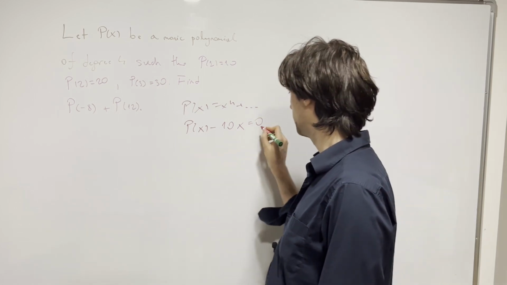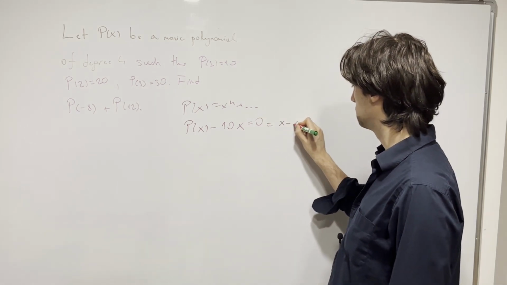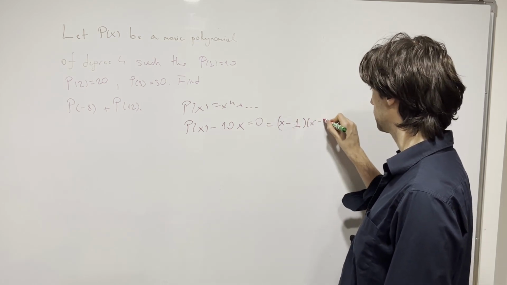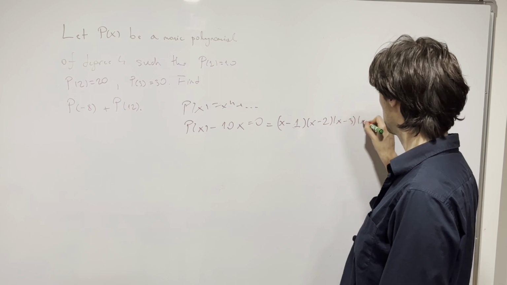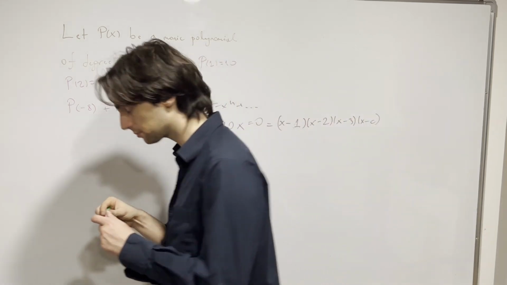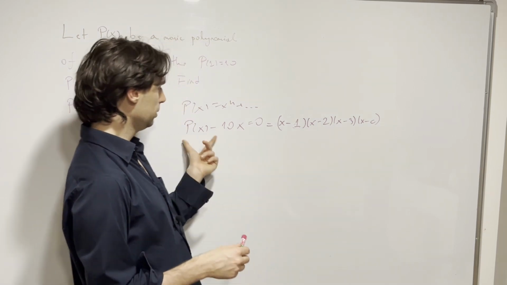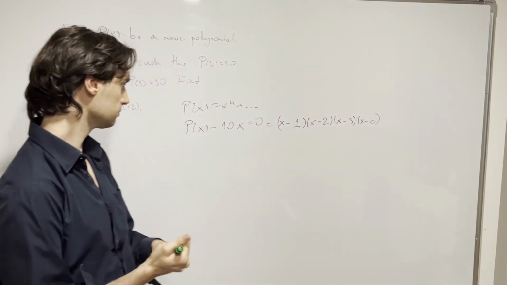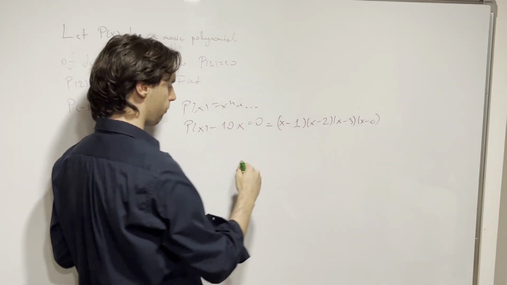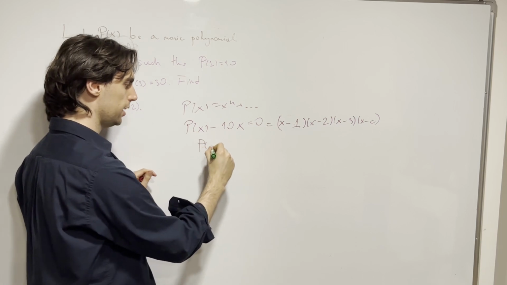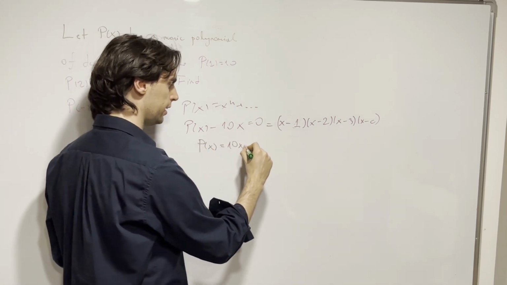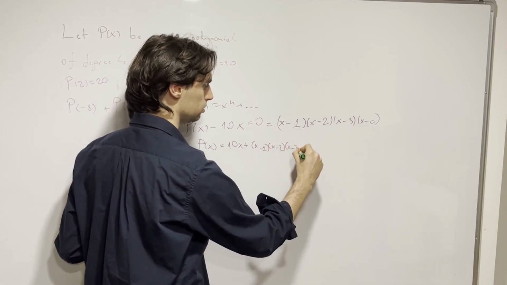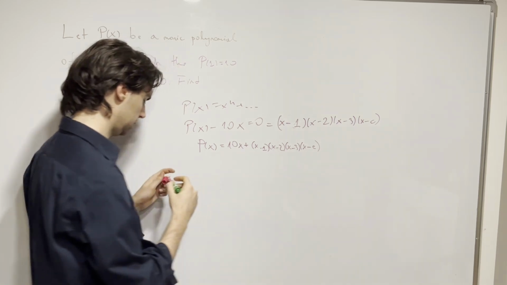So q can be rewritten as x minus 1, x minus 2, x minus 3, times another x minus c for some constant c. And now we know this and this, in fact, have to be equal for some c, because these are zeros. So now we know that p of x is of the form 10x plus x minus 1 times x minus 2 times x minus 3 times x minus some c.